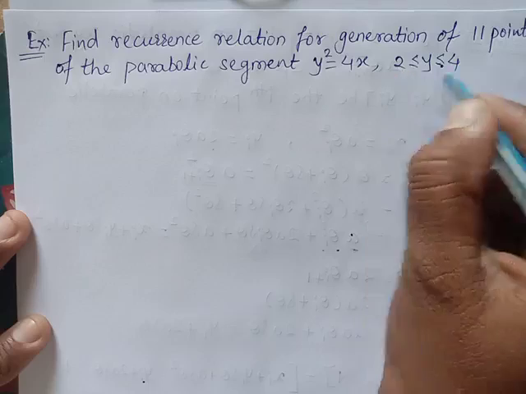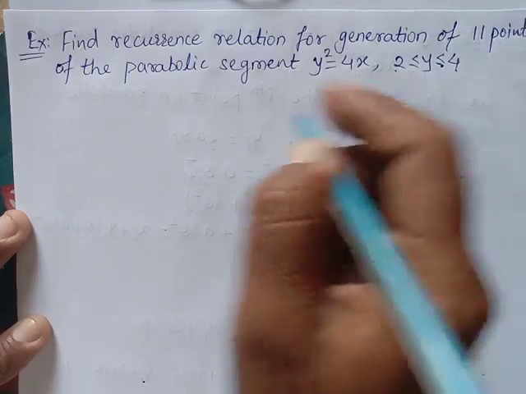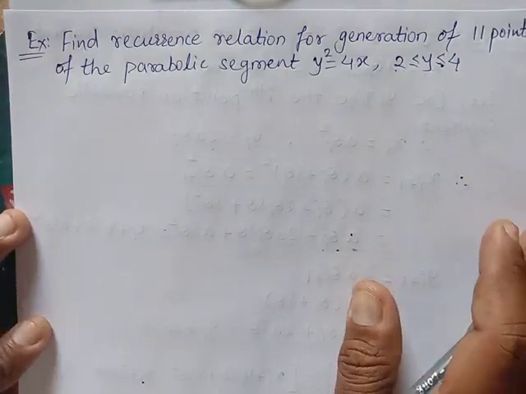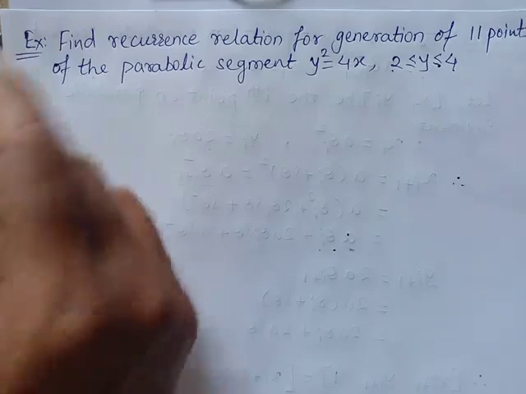This means the range of y is given to us. This is y minimum, this is y maximum. So according to the algorithm we can use the case which is suitable to this one.